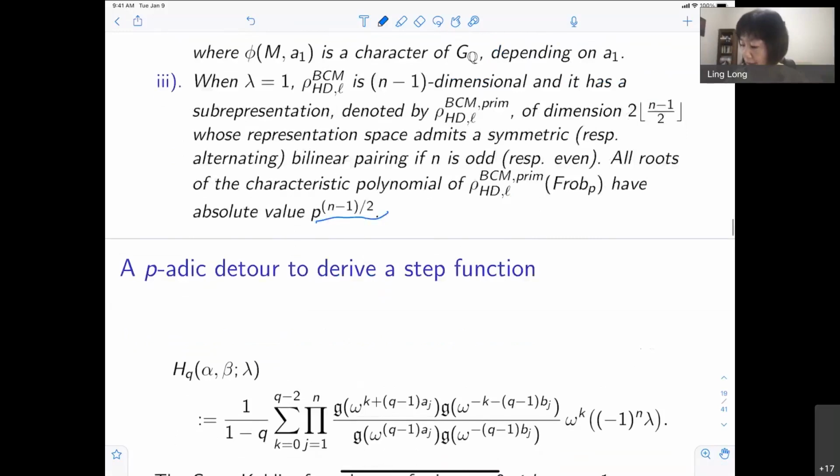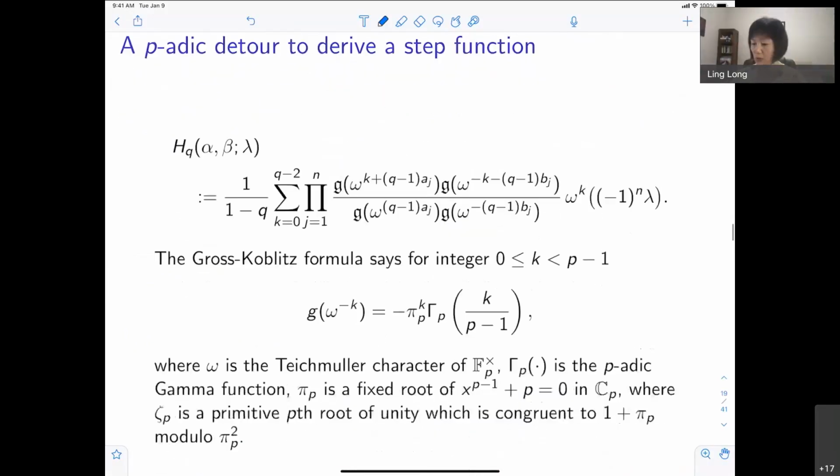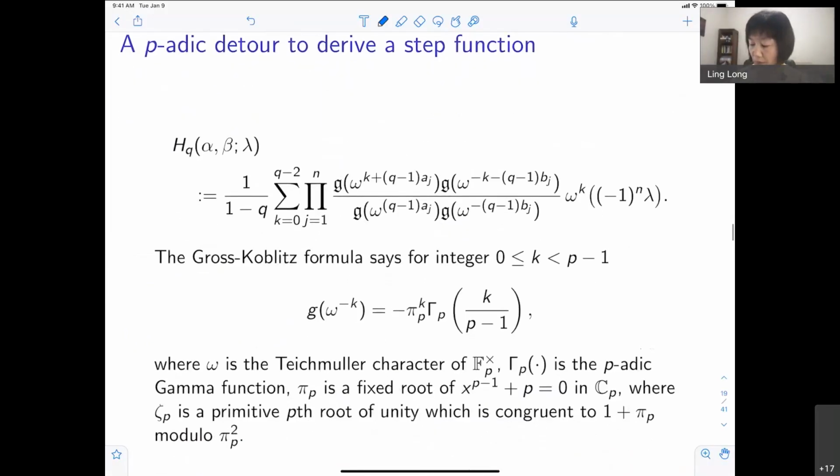Now I'm going to quickly go over the Gross-Koblitz formula, because what I want to introduce is a step function. The Gross-Koblitz formula says that if you consider the characters from the finite field, and here I'm only telling you the version over F_p, now going to C_p instead of going to Q bar.